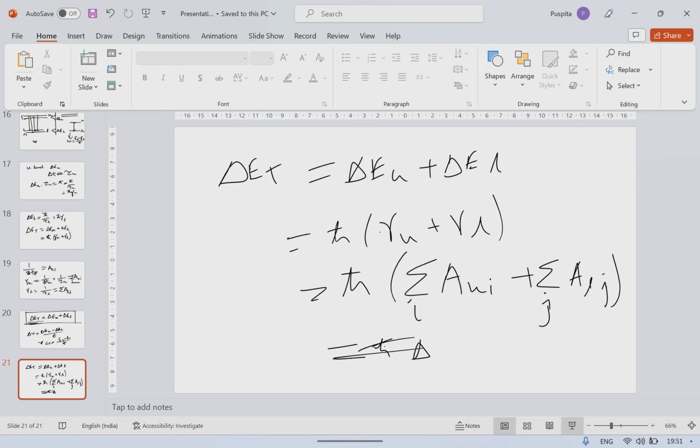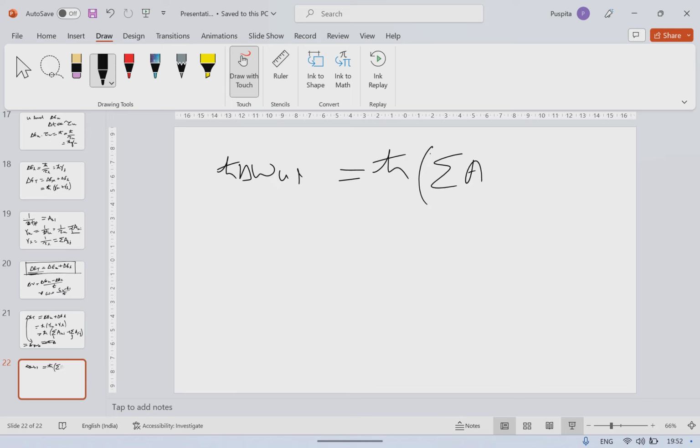So h cut times delta omega_UL, what we have obtained is h cut times this.